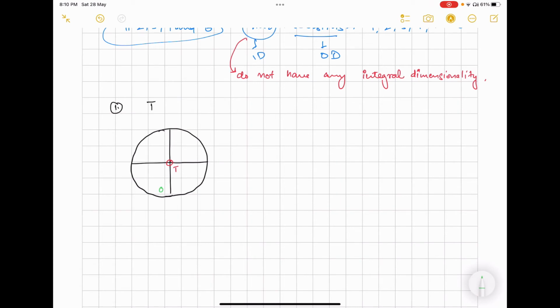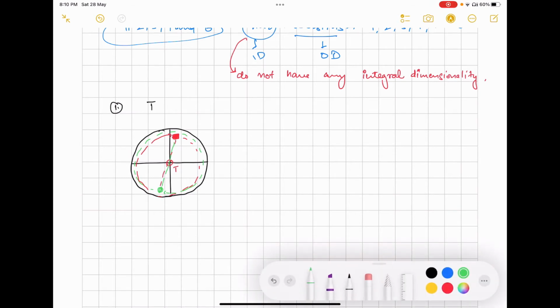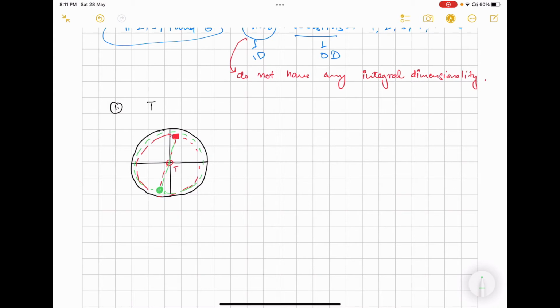After one-fold rotation, so after 360 degrees, it again reaches the same point and then it is inverted about the origin. So it reaches here, a left-handed form. This is again rotated by 360 degrees, so it lands up here, and then it is again inverted. So it gives you a right-handed object above the plane. So this is 1 bar.